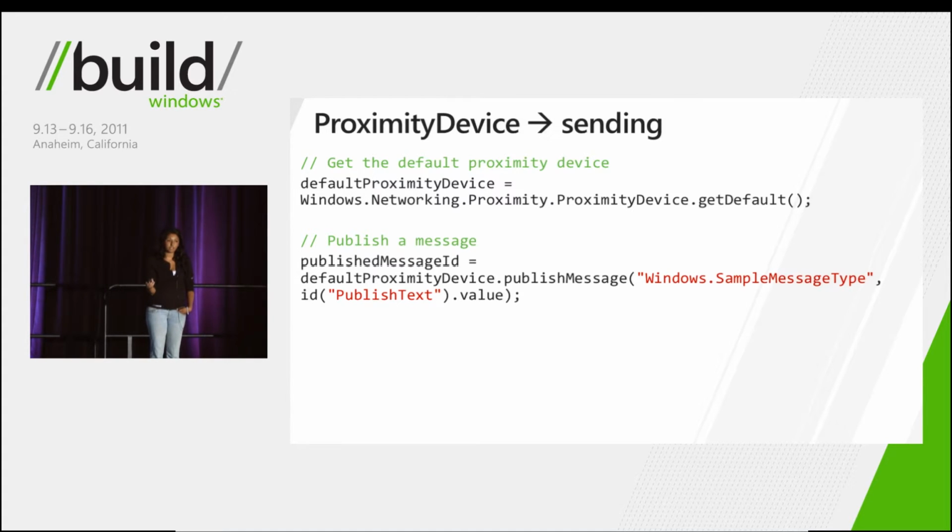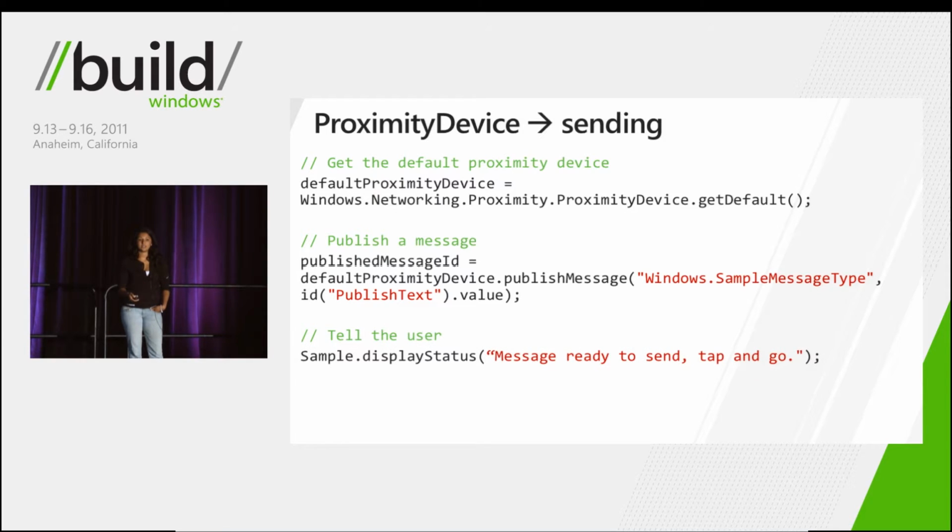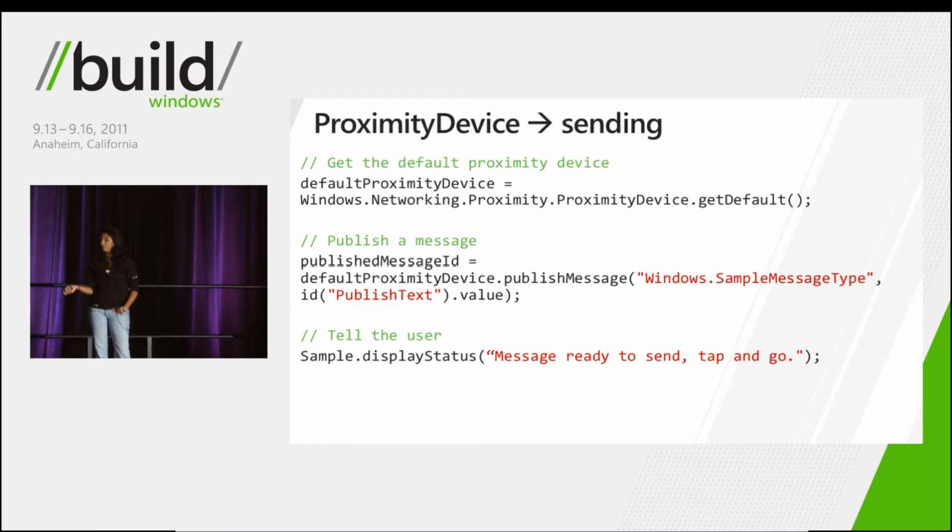That first parameter that you see there, windows.sample message type, that's just our namespace right there. And the last thing to do is tell the user that you're ready to send a message. Tap and go. That's really all there is to publishing a message. So it's pretty simple.